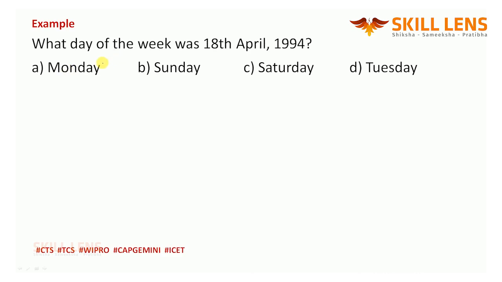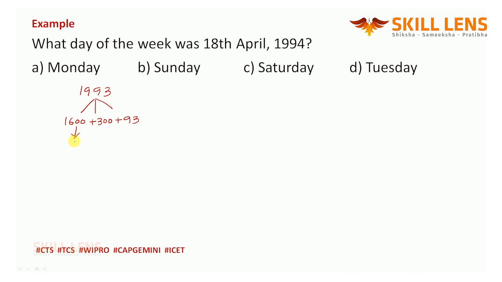I told you in the previous video how to solve these easily. I'll tell you here. Okay, guys, what day of the week was 18th April 1994? Step number 1, you have to take the complete years. Complete years are 1993. And you have to split these years into your comfort zone. 1600 will have 0 odd days, 300 will have 1 odd day, and 93 years you write separately.